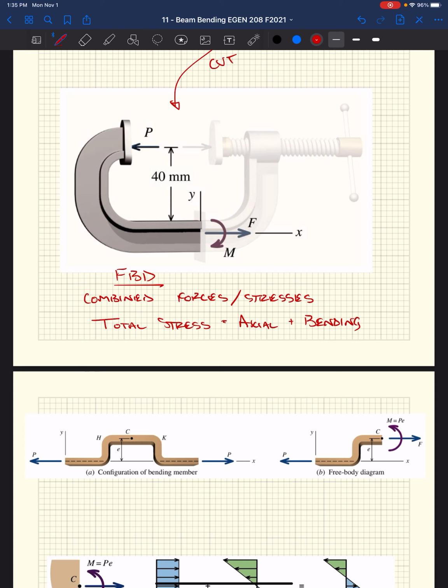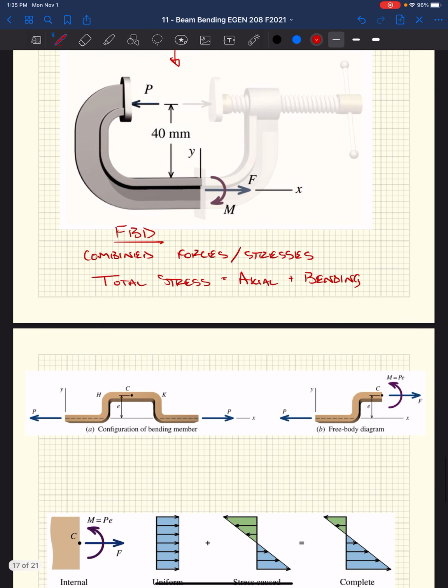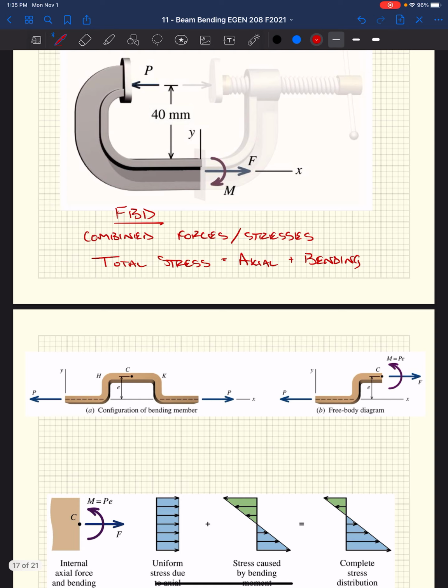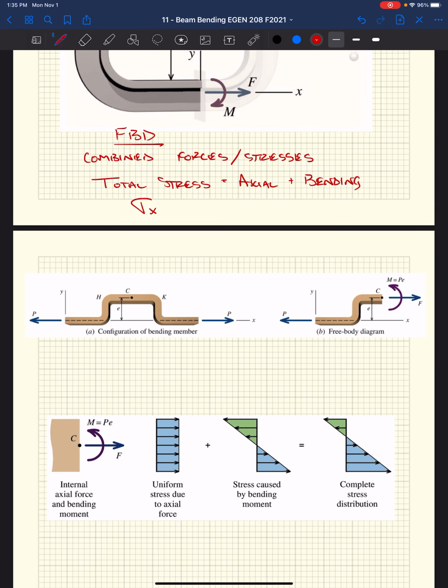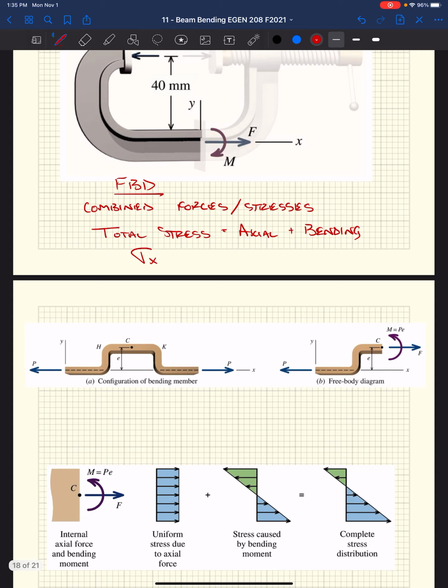Right? So we get, I'll put this down here, total stress, sigma x, right? Our normal stress along our x-axis is going to be our force over our area, which is our axial stress, plus our bending stress, right? Negative My over I. So we merely just add it together.